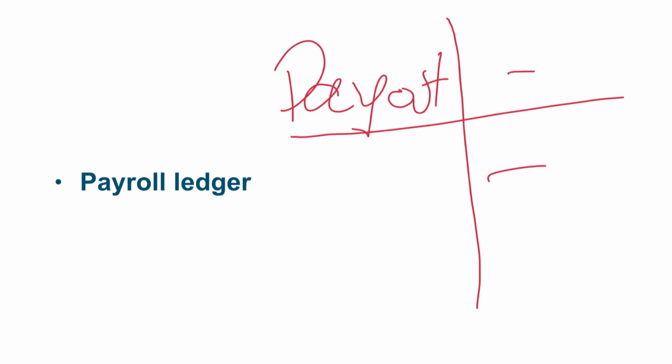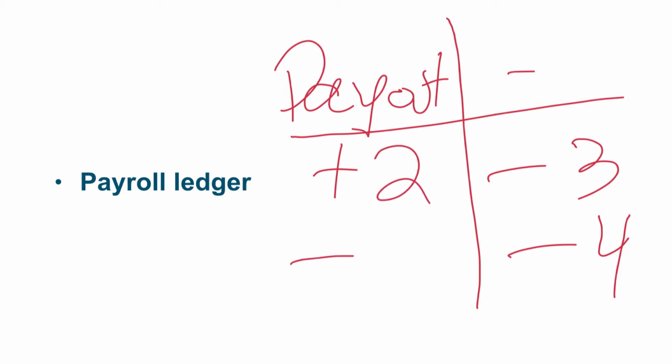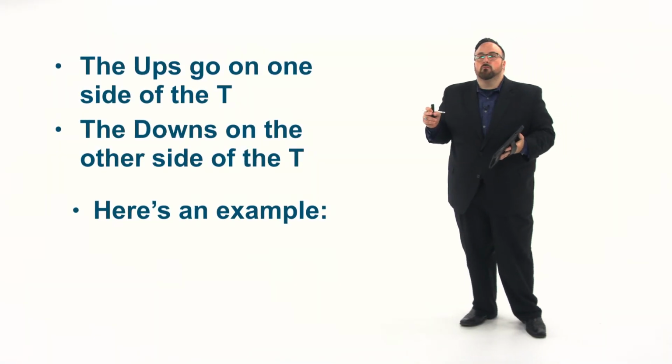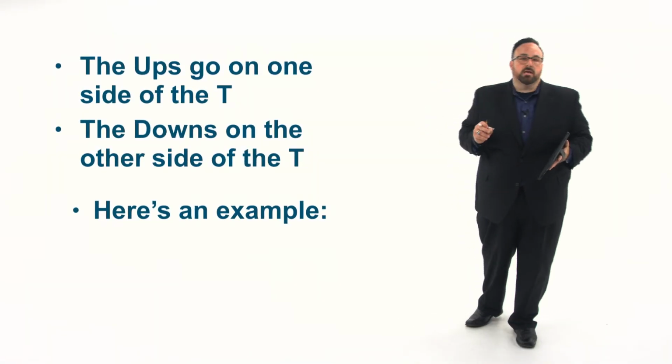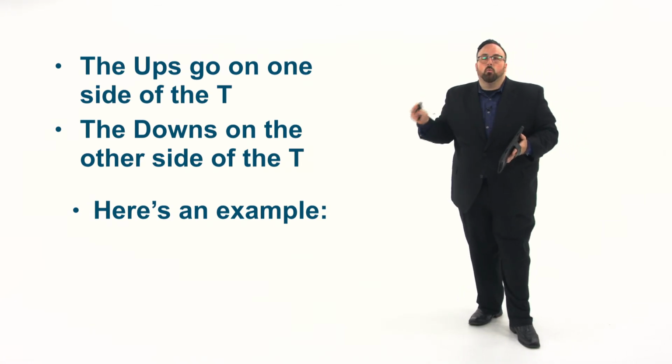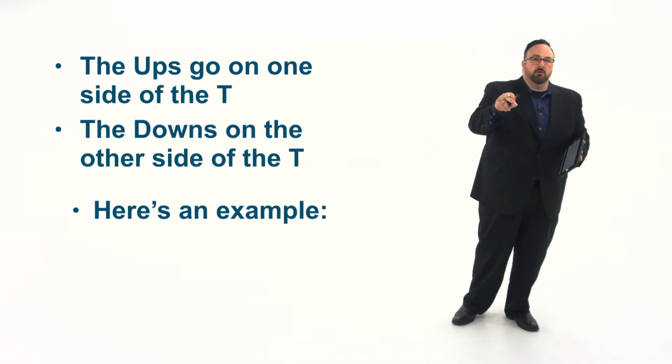So here I am paying out money. Here I am taking in money. All must be accounted for. It's a balance, checks and balances. Remind yourself, you're going to see this again. The ups go on one side of the T account, the downs on the other.